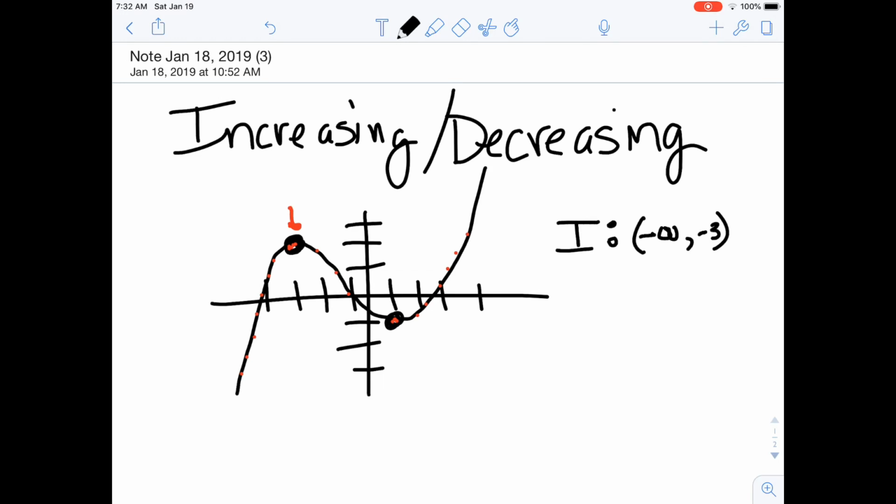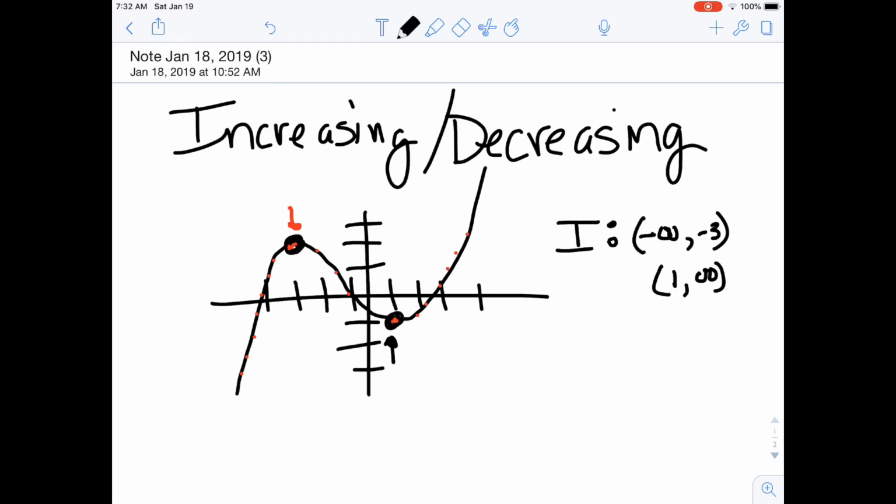And then where else does it go up from? Well, it goes up from this point. At this point we turned and started going up again. Well, what's our x value? I ran out of room, so I'm going to put it down here. So 1, and then where does it stop increasing on the x value? That would be positive infinity.